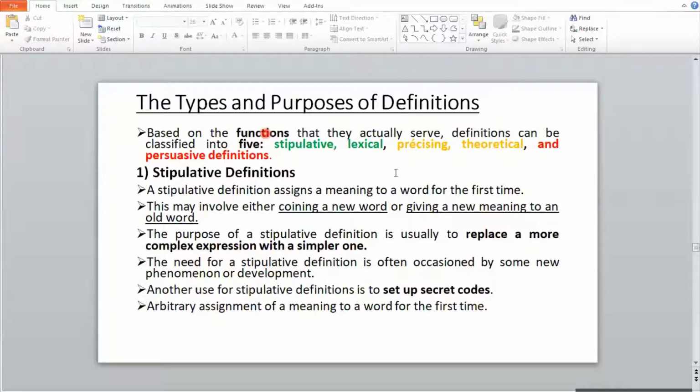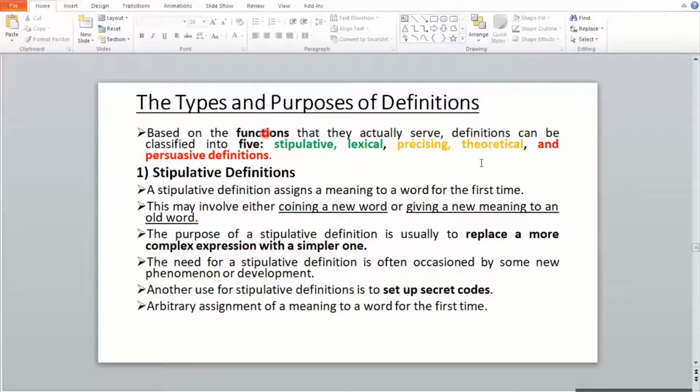So in general, we can divide these types of definition based on their function into 5 categories. Sorry for the reflexive action, students. The first one is the stipulative definition. The second one is the lexical definition.